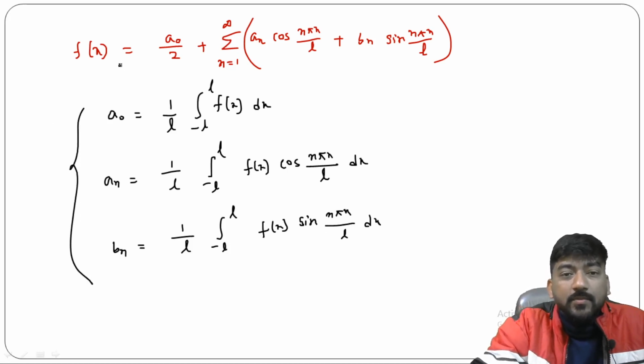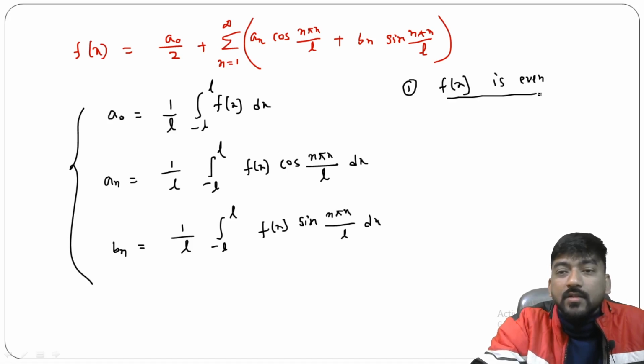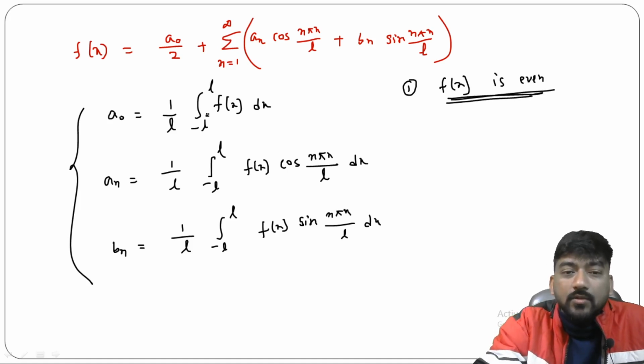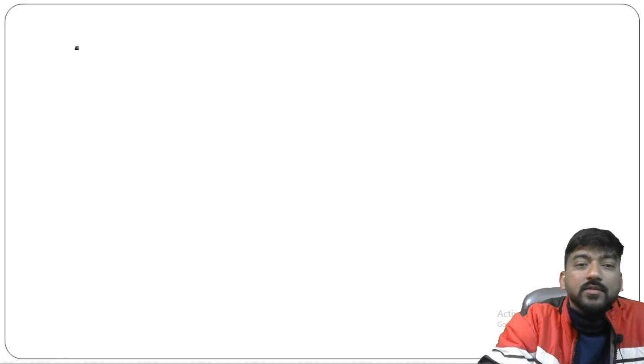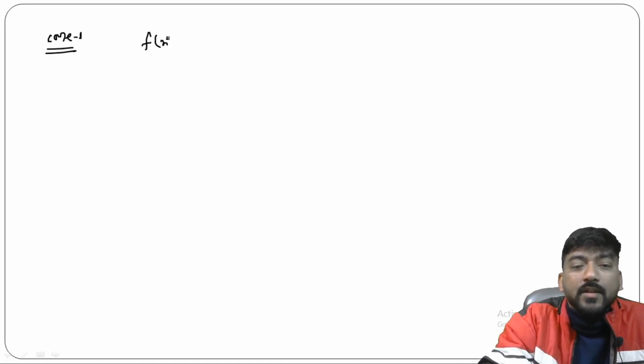Now you can see, first let me take f of x is even. Suppose f of x is even. So what will happen? What will be the coefficients a0, an and bn? Let me write it on another page. Case 1, let me take that f of x is even.